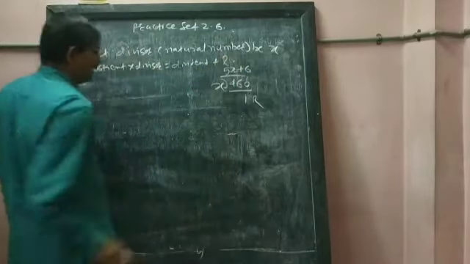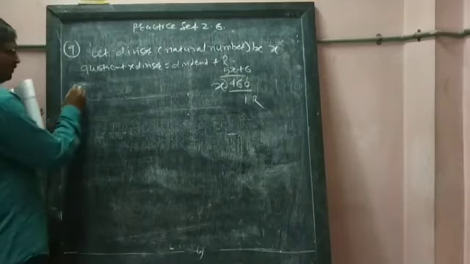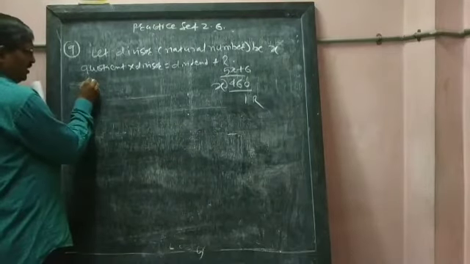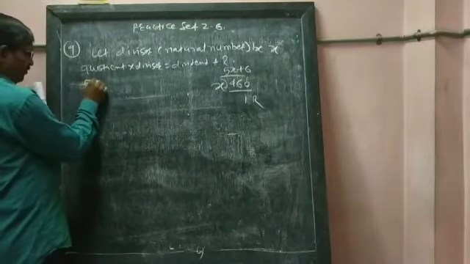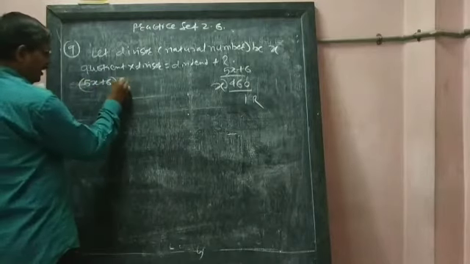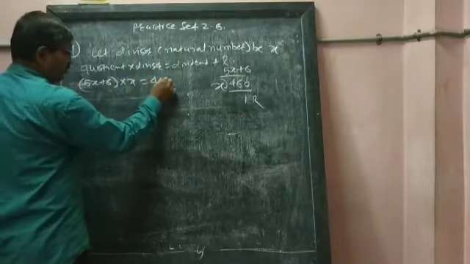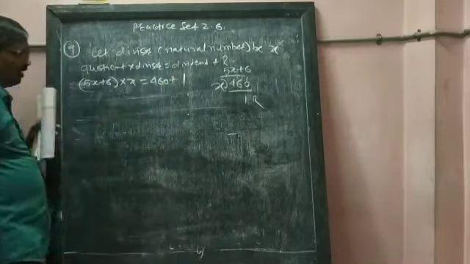So what will happen? The quotient 5x plus 6 into x plus 1 is equal to 460.